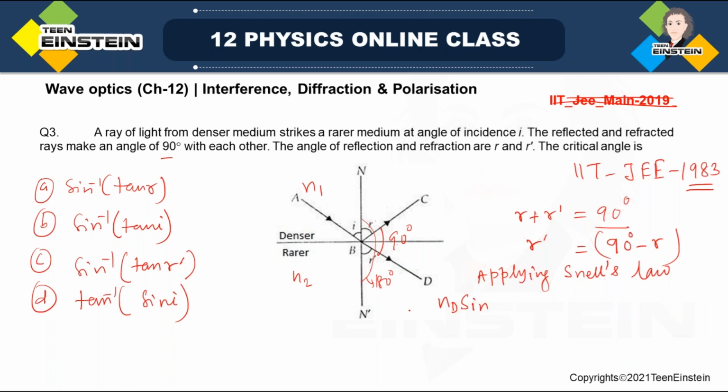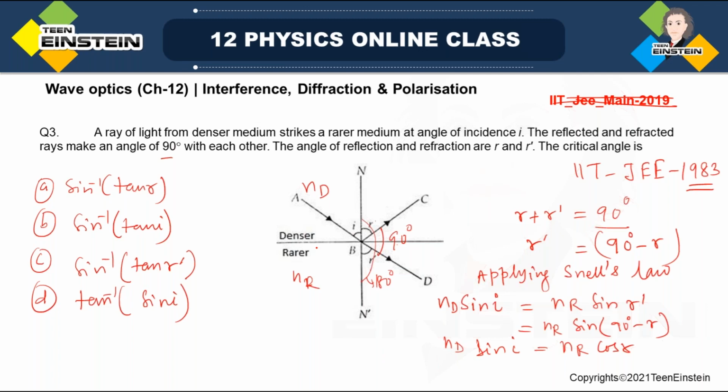I'm writing nd for denser and nr for rarer. So nd sine I is equal to nr sine r prime. This is the angle of refraction, that's why. Now if we put the value of r prime, we get nr sine of 90 degree minus r. So this would give you nr cos of r. And here it is sine I.